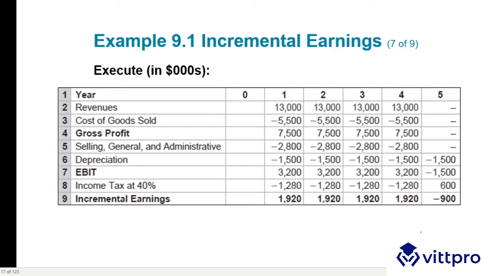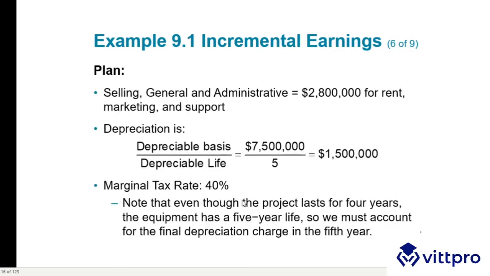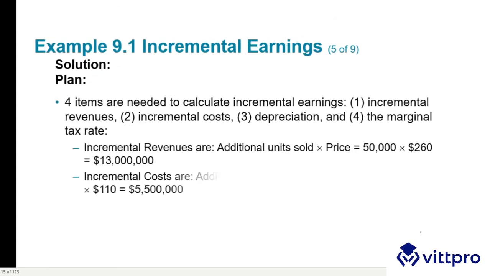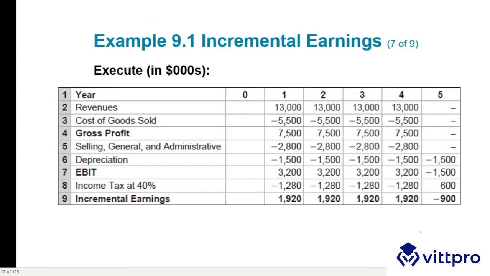But in order to calculate the cash flow, now you need to put back the depreciation and also factor in the initial cost, which was how much? The initial cost was, I think, $7.5 million, right? So you just need to put $7.5 million in negative in year 0. And in this way, you will add 1.9 plus the depreciation of 1.5.